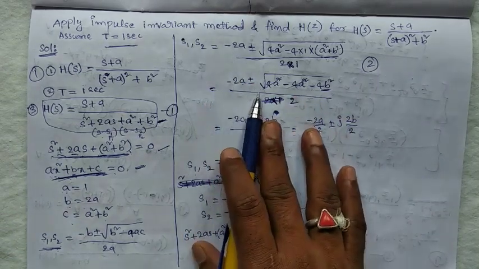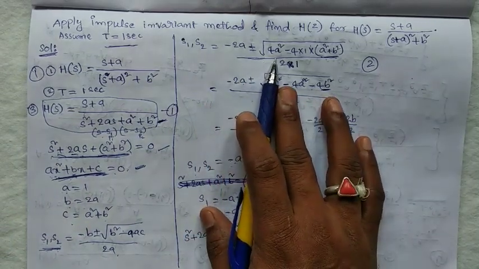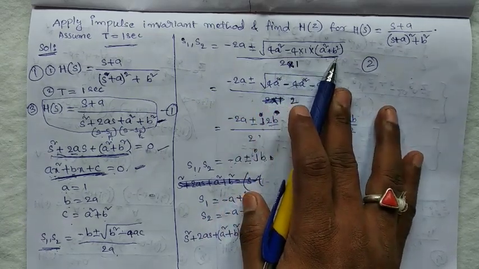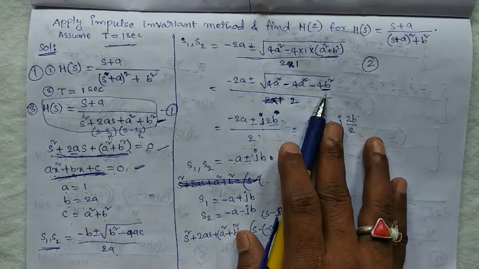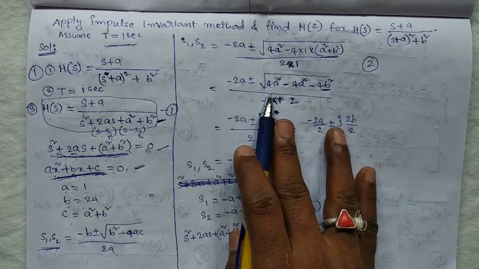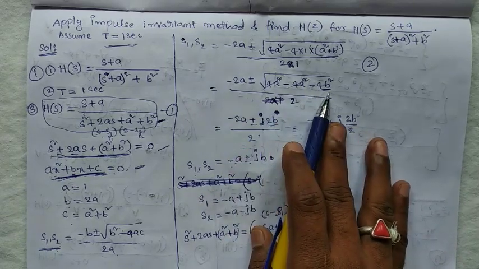Simplifying this equation: minus 2a plus or minus the square root of 4a^2 minus 4a^2 minus 4b^2. Here 4a^2 minus 4a^2 cancels, leaving minus 4b^2.